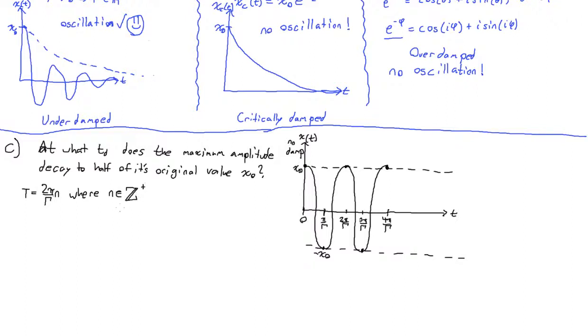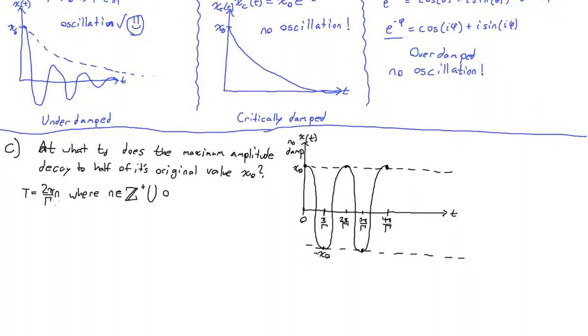I mean, it could be negative too, but just for niceness, n is a positive integer, including 0. This is kind of my notation, I guess.